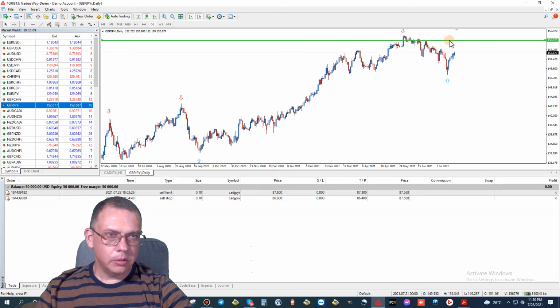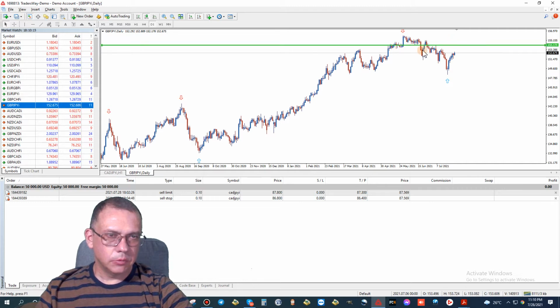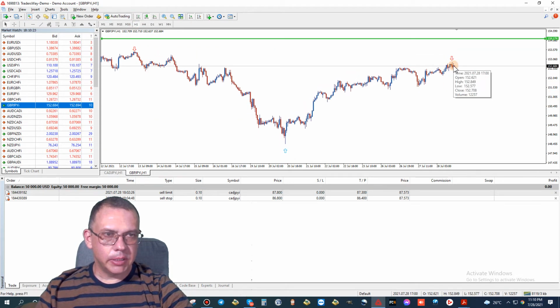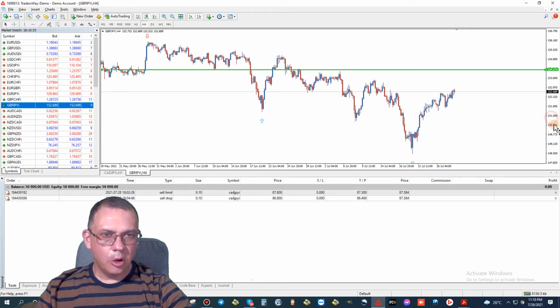Could go right here. I just don't think it's going to go that high. So let me go to the 1 hour chart. Yeah, see, we already got a red arrow here, but it could repaint and form a higher red arrow. Okay, so this green line is the resistance.